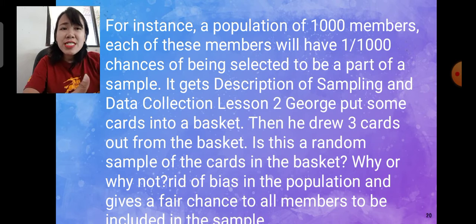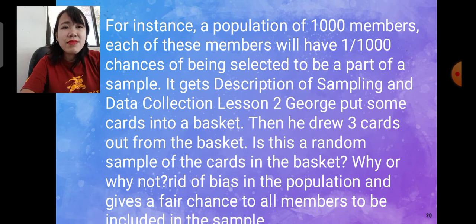So, ang tinutukoy dyan is, if you have 1,000 members, lahat sila ay may chance to be one of your respondents. Kasi po, sabi dito, merong basket, and then, all the names of the participants or being one of the respondents is nandun sa basket.